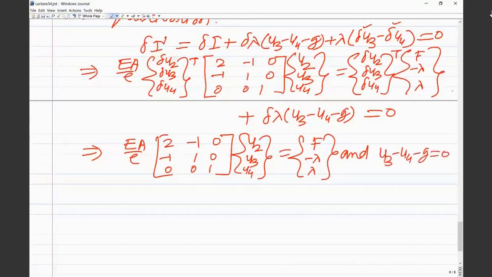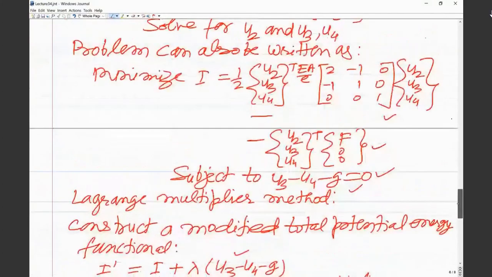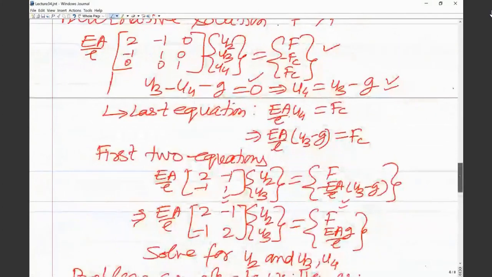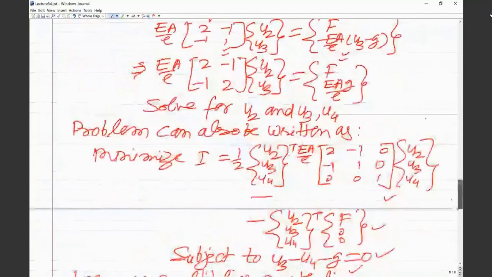Now here you would see the interpretation of the Lagrange multiplier. If you compare this with what we wrote over here, this equation, you see lambda is just like a contact force. As you see, here minus lambda and here plus lambda we are getting, so it is identical to that.